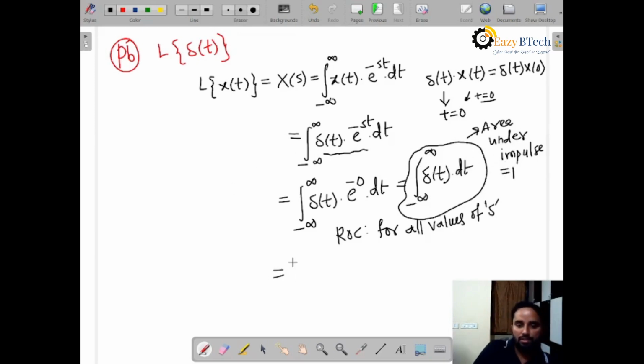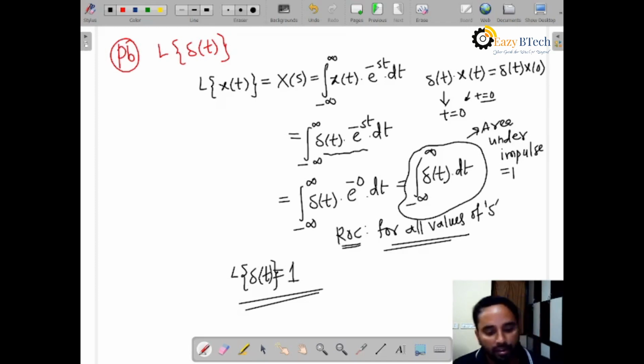Therefore the answer is 1 and ROC is the entire S plane. The Laplace transform of del of t is equal to 1, and the ROC of an impulse is the entire S plane. Next, another problem.